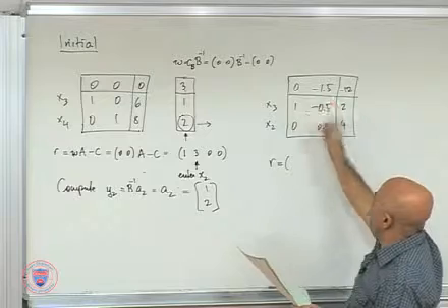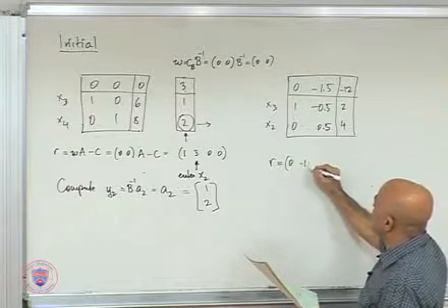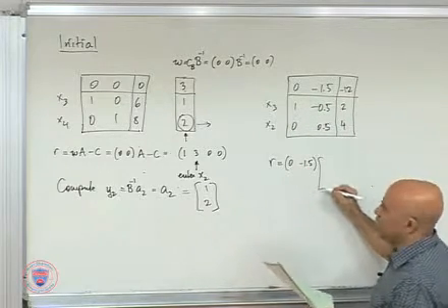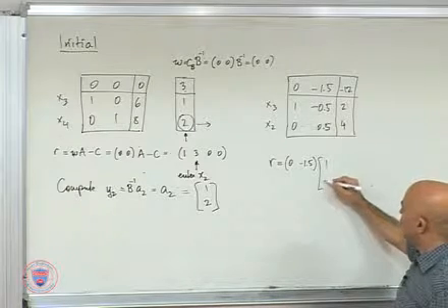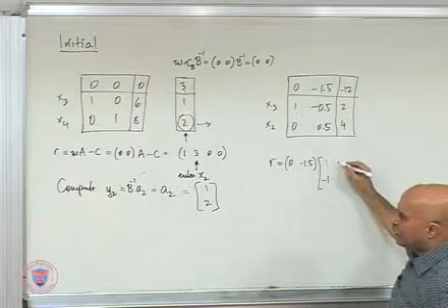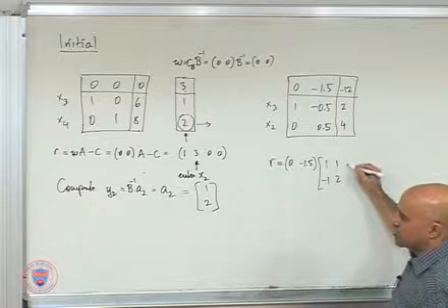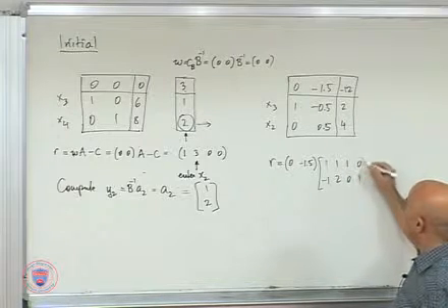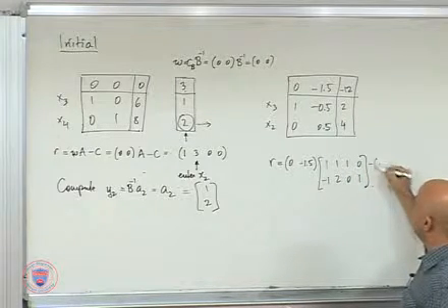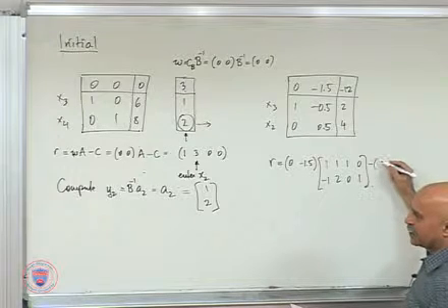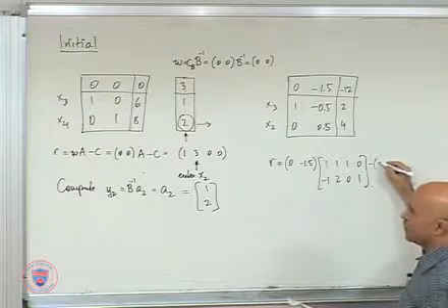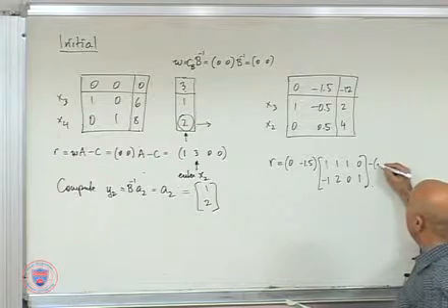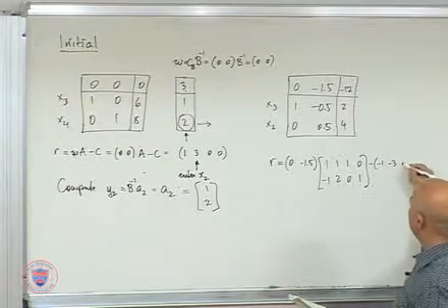In this case, W is 0 minus 1.5 times the A matrix, which happens to be 1, minus 1, 1, 2, 1, 0, 0, 1, minus C vector, which is what? Minus 1, minus 3, 0, 0.